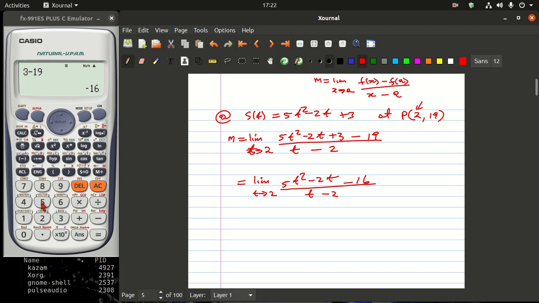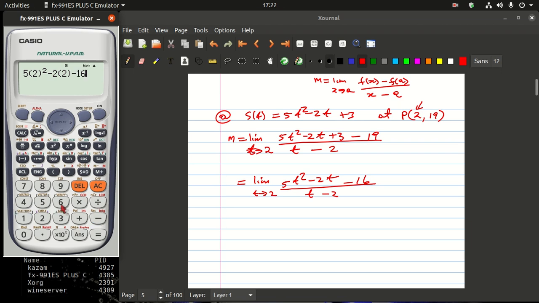I will end up with 5 times 2 squared, minus 2 times 2, and then minus 16. So in the numerator here, we end up having a 0, and also here a 0. So that is saying this is going to be undefined.